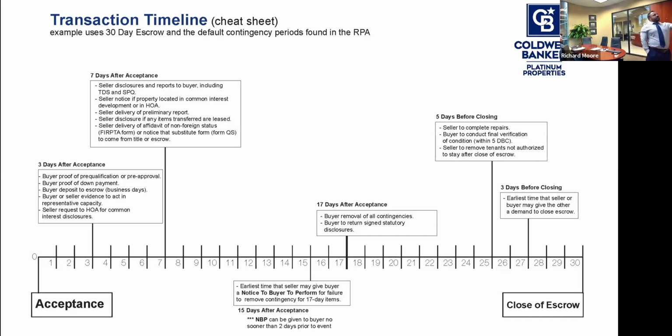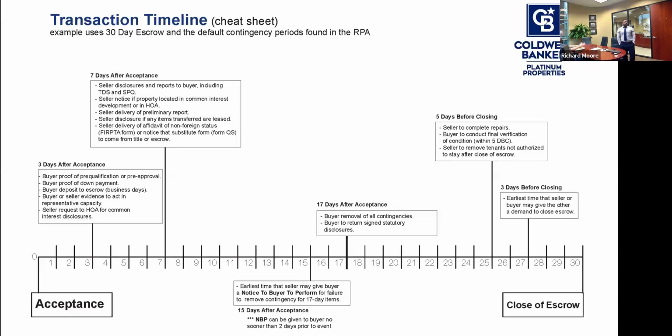And if the seller wants to send a notice to perform to the buyer to remove contingencies, they can do so 2 days prior to that date. So they can send a notice to buyer to perform to remove all contingencies on day 15 in this situation. And this is a way for the seller to cancel the purchase or the transaction.